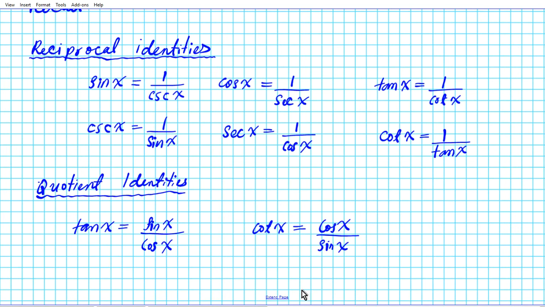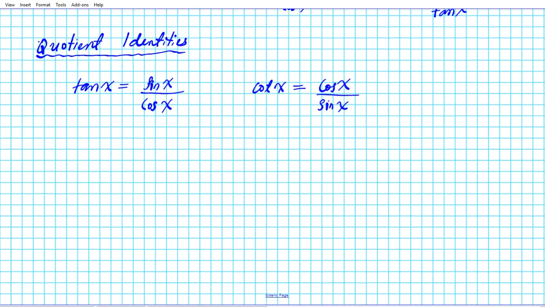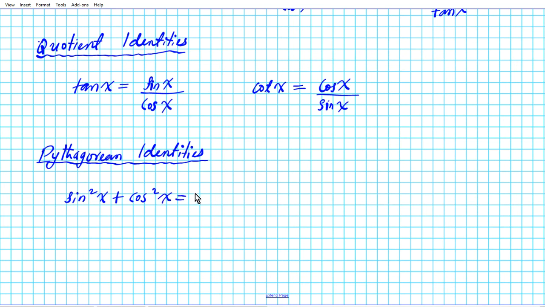Okay? And then the last set of identities that you need for this presentation are your Pythagorean identities. Alright, so what are your Pythagorean identities? The first one is sine square x plus cosine square x equals 1.